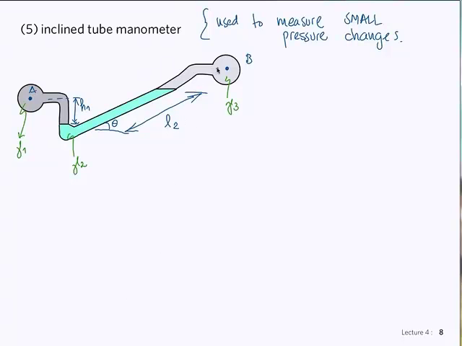You can see how this gives me the possibility of measuring very small differences in height, but since I'm looking at the length, if I put a ruler there, I can see it with much more resolution.